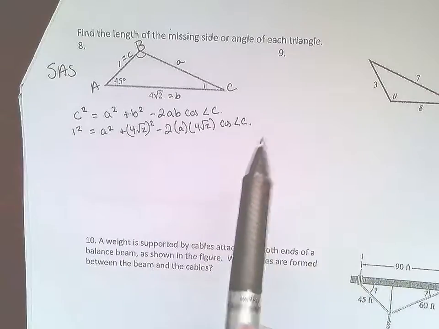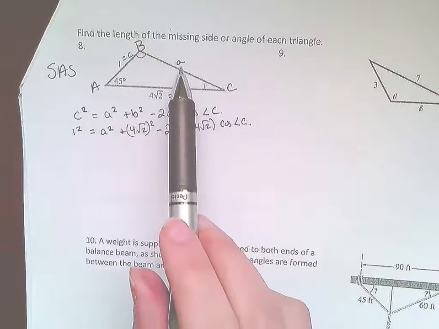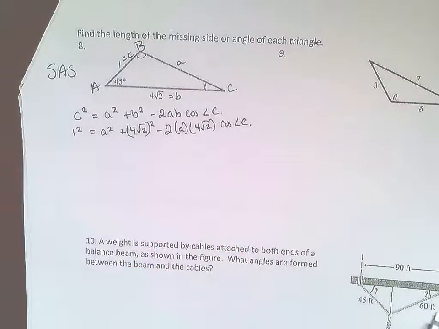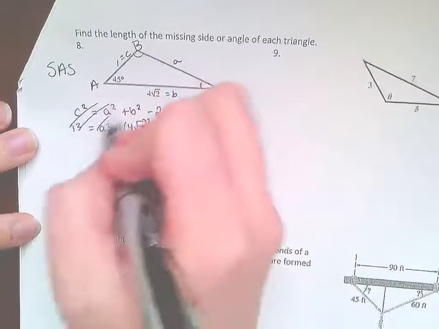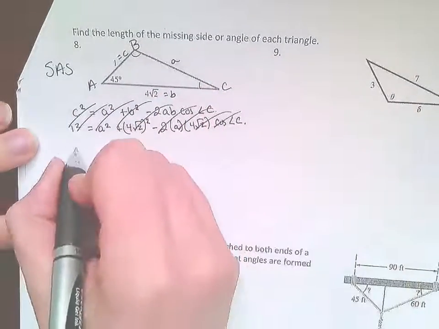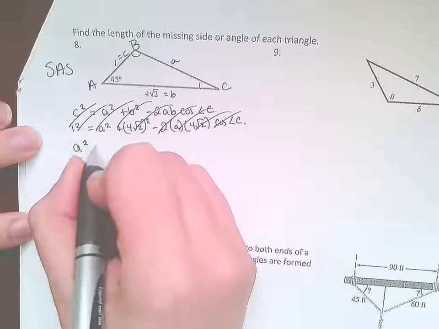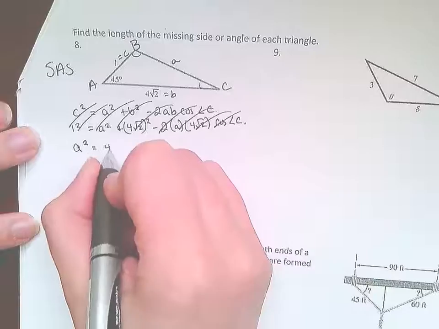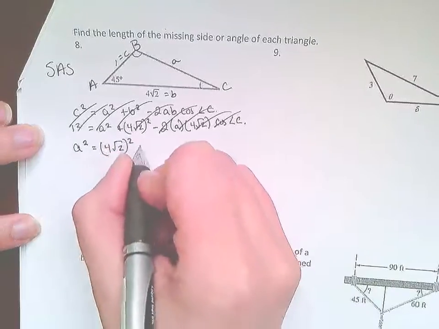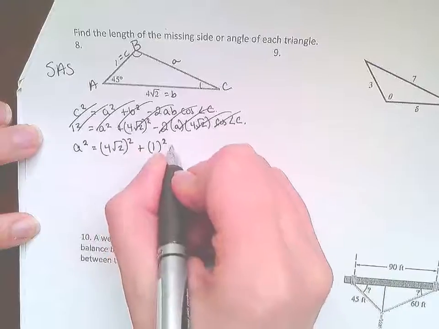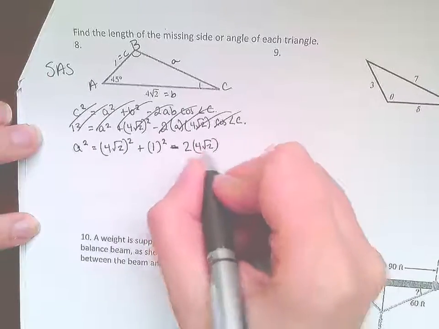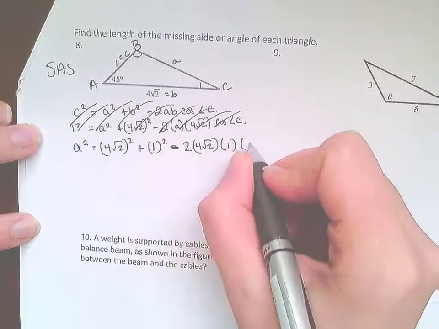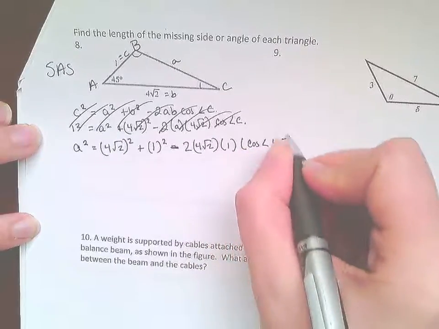Okay, so the best place to start actually is to find A first. So find the third side first. I apologize for that. So A squared is equal to B squared plus C squared minus 2 times 4 square root of 2 times 1, and then we have cosine of angle 45.